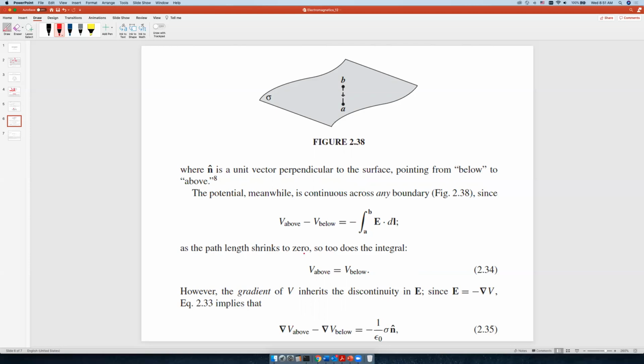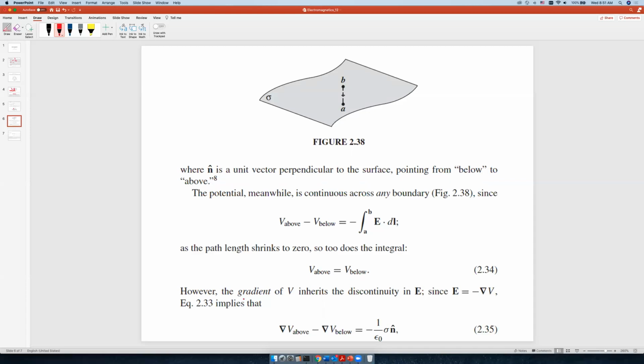If the thickness of the surface is very thin, as thin as 0, then V above equals V below.